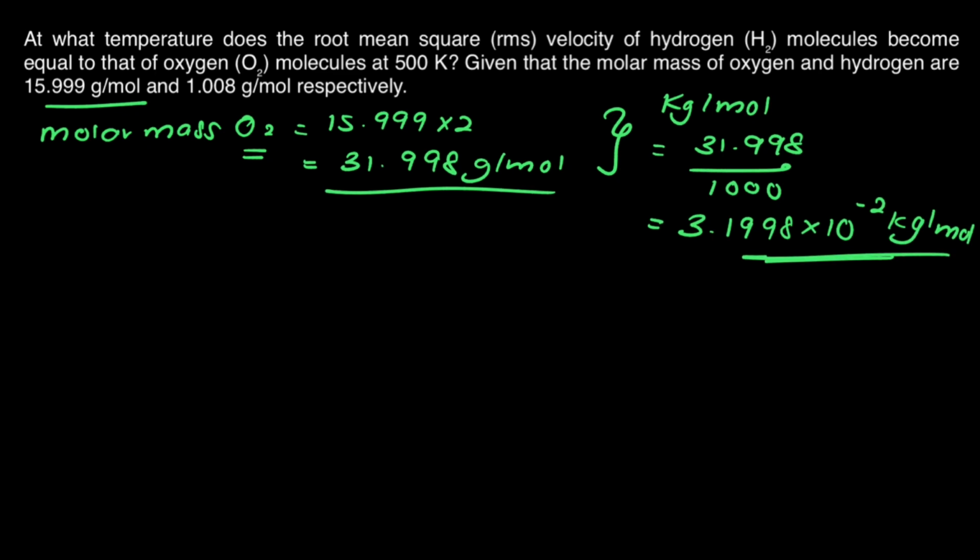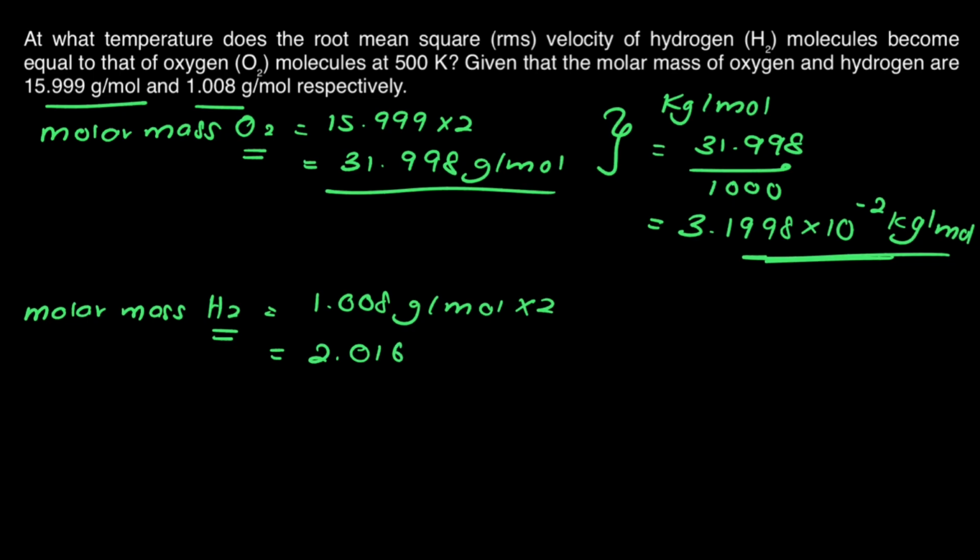Right, so what we are going to do next is the same thing for hydrogen gas. The molar mass for hydrogen gas is equivalent to 1.008 gram per mole times 2 because you have H2. Therefore, you will get 2.0160 gram per mole.